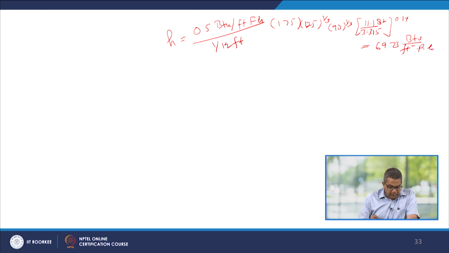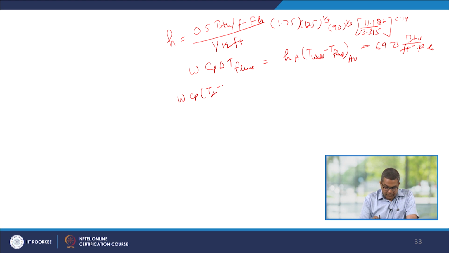Now, if we take the enthalpy balance, which is W Cp delta T, then it comes out to be this mathematical representation: T wall minus T fluid, which is average. So, W Cp (T2 minus T1) is equal to hA (T wall minus (T2 plus T1)/2).